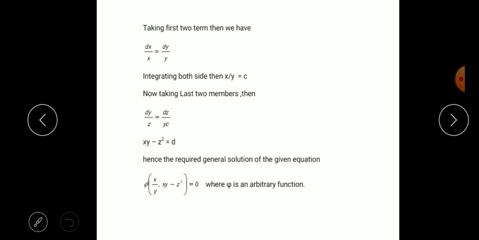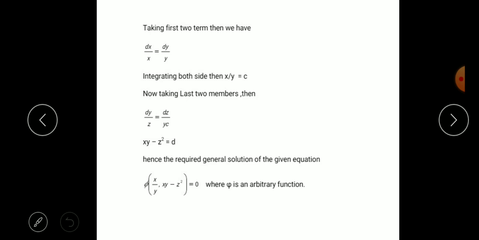So after solving we get x y minus z square is equal to d. So clearly here d is a constant, an integral constant. So hence the required general solution of the given equation can be written as phi of c comma d.